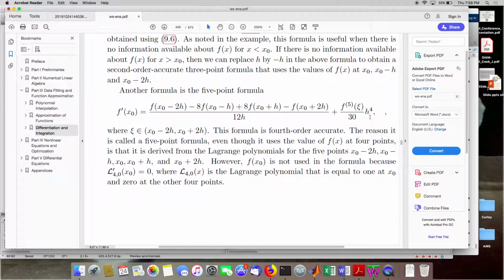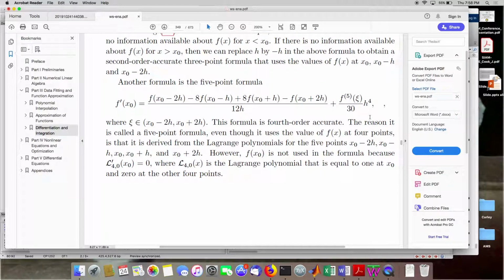Also fourth order accurate. So generally, the more points you use, the higher order accuracy you get. Although, if your function is not well behaved, like it has oscillatory behavior, then you might find yourself in for a letdown as far as the accuracy you get from these higher order approximations. So you have to be careful about that. Okay.